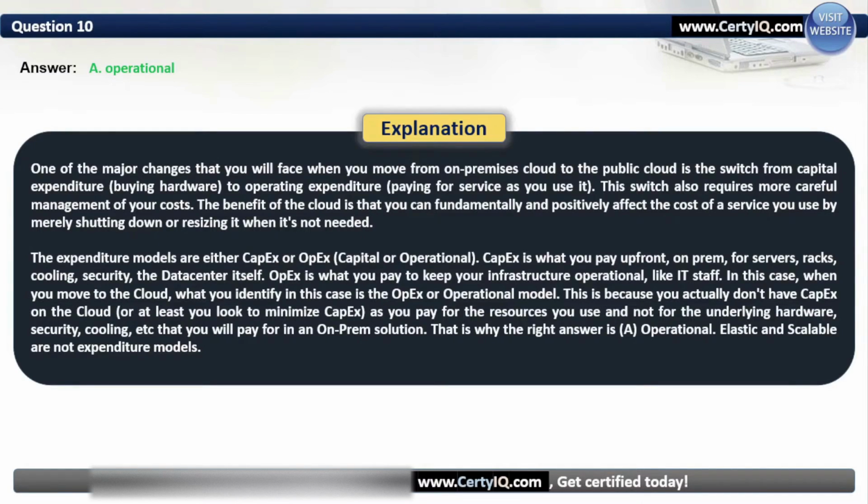This is because you actually don't have CapEx on the cloud, as you pay for the resources you use and not for the underlying hardware, security, cooling, etc. that you would pay for in an on-premises solution. This is why the right answer is A. Operational. Elastic and scalable are not expenditure models.